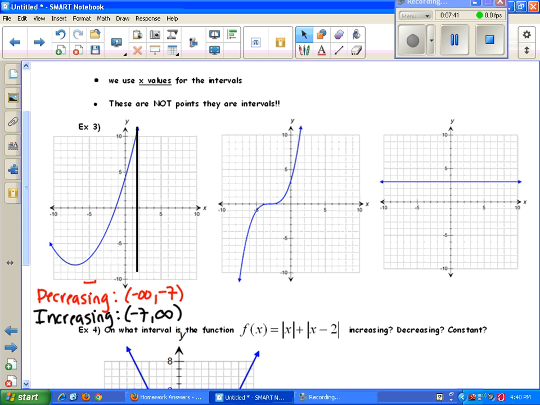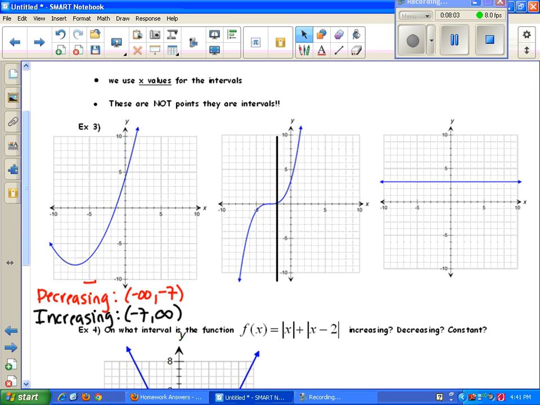That is what I would write for this problem if it asked me to write the intervals for whether we're increasing, decreasing, or constant. And notice there are no horizontal lines as part of this graph, and that's why we do not have a constant.